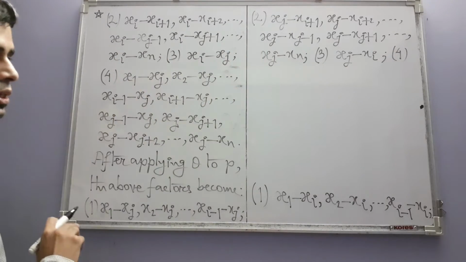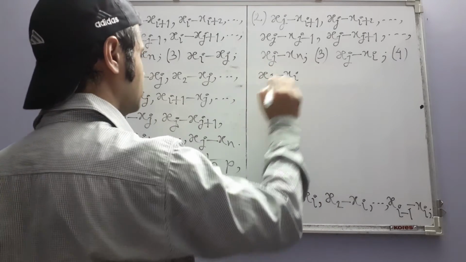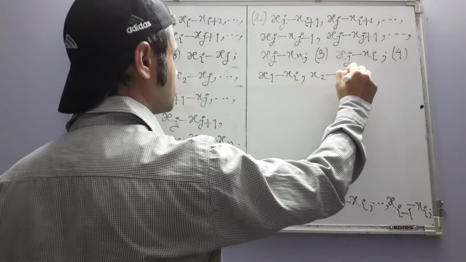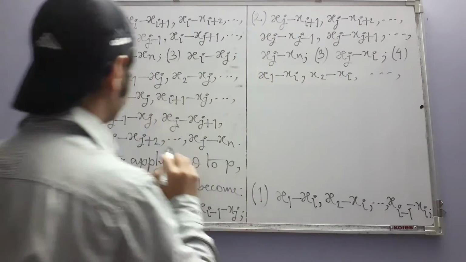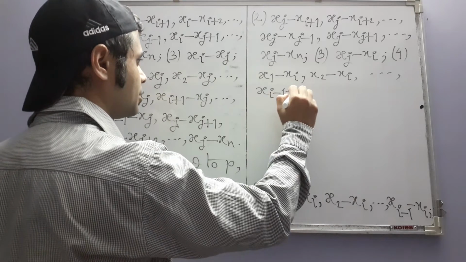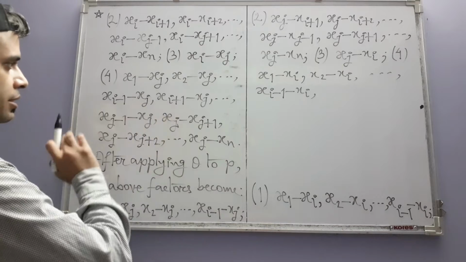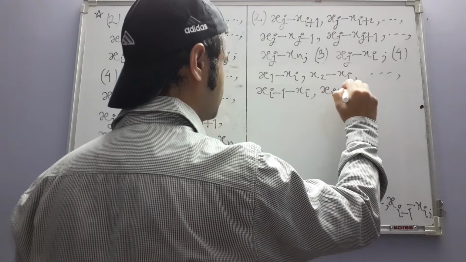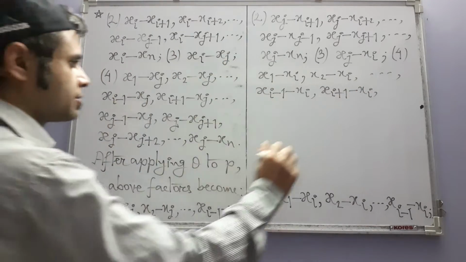So now j's will become i: x1 minus xi, x2 minus xi, and like that one goes, and finally gets xi minus 1 minus xi. Yes, because this becomes xi, and then the thing continues, xi plus 1 minus xi, xi plus 2 minus xi, and so on.